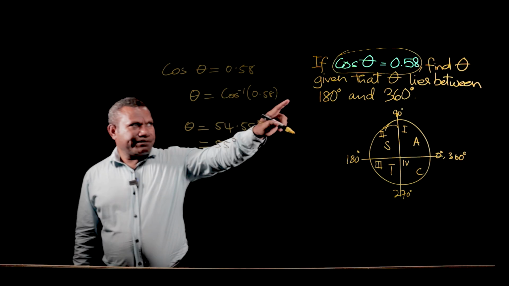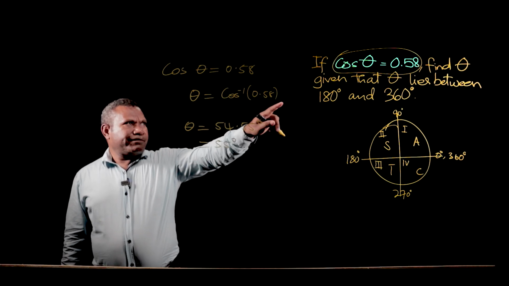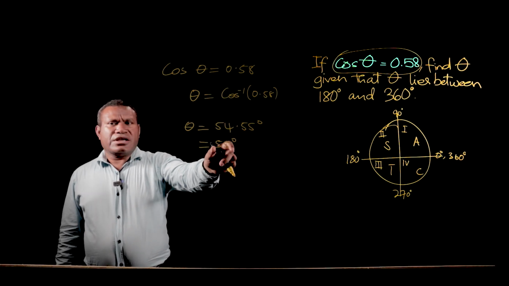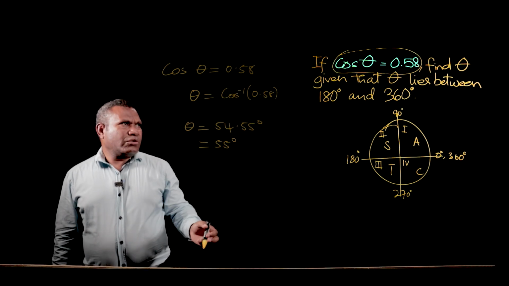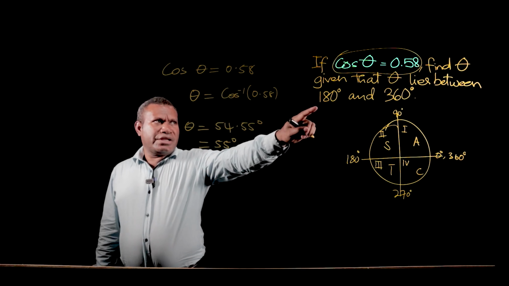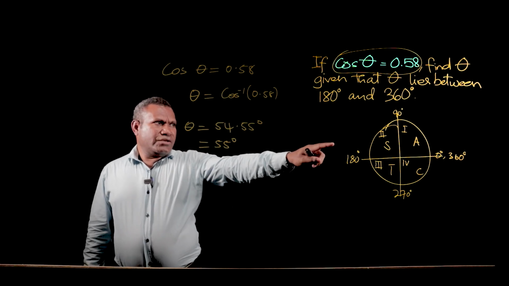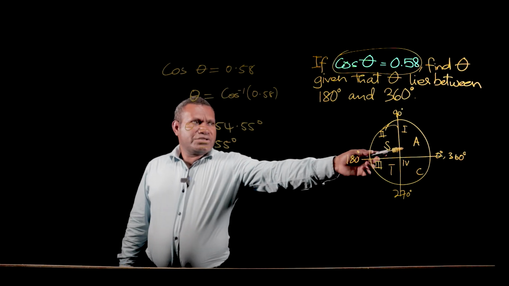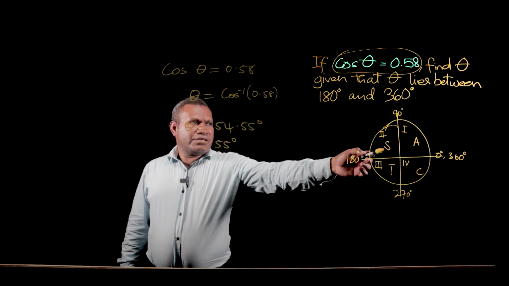Now, as you can see, we got the value for theta, but we are required to find the angle theta between 180 and 360. So if you look at the quadrants, all is positive for the first quadrant.